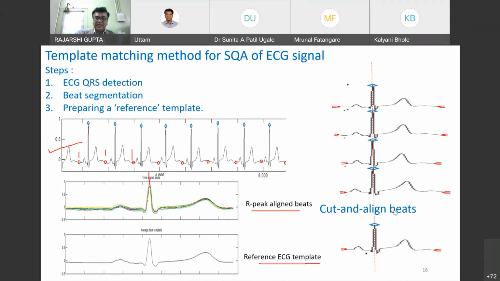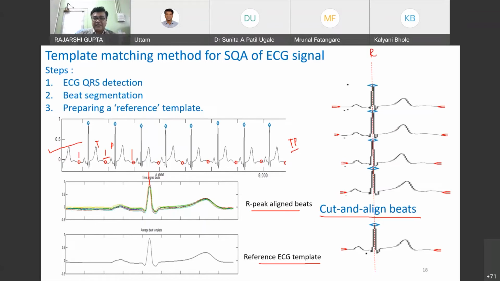This operation is called cut and align beats. From this cardiac cycle, you detect the R peaks and then you detect the baseline points in the TP segment, the T wave and the following P wave. So in the TP segment, you detect the baseline and then you cut these beats and align with respect to the R peak.